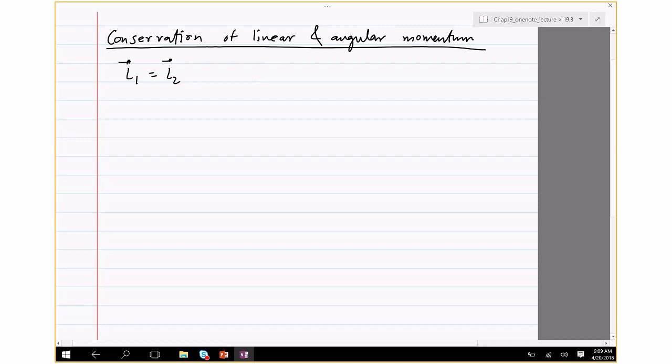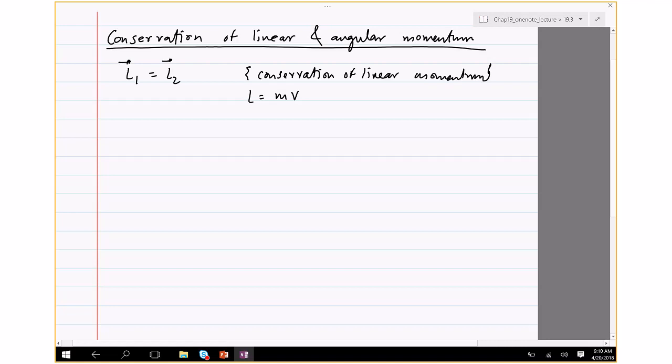So L1 equals L2 is called the principle of conservation of linear momentum, where L is the mass times velocity.